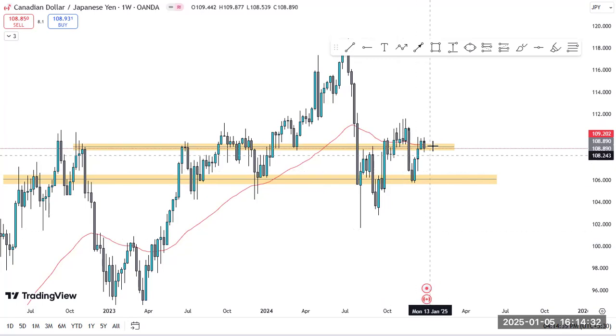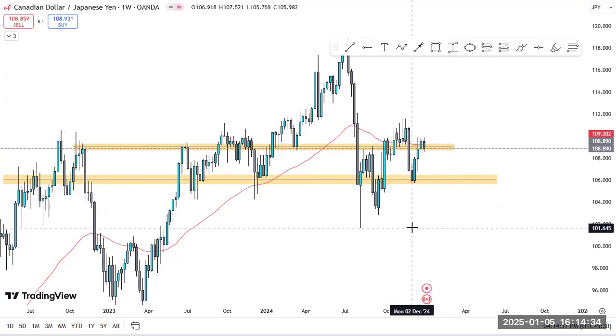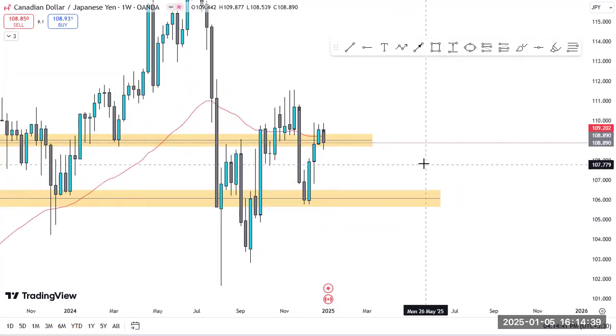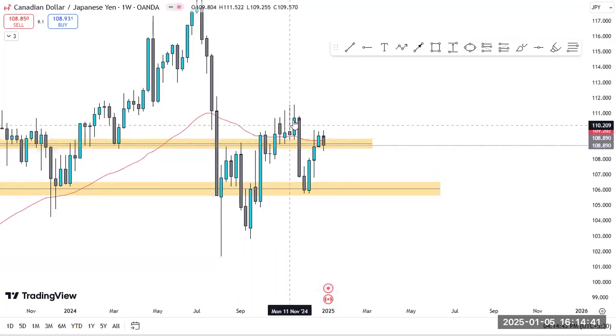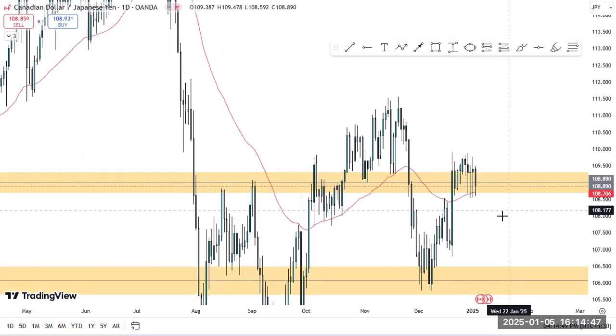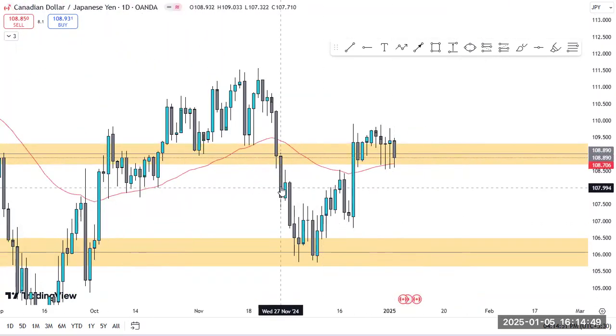So yeah, that's why I mostly avoid these pairs. But let's check it out. We are currently bearish on weekly. Okay, on daily I must check the zone.